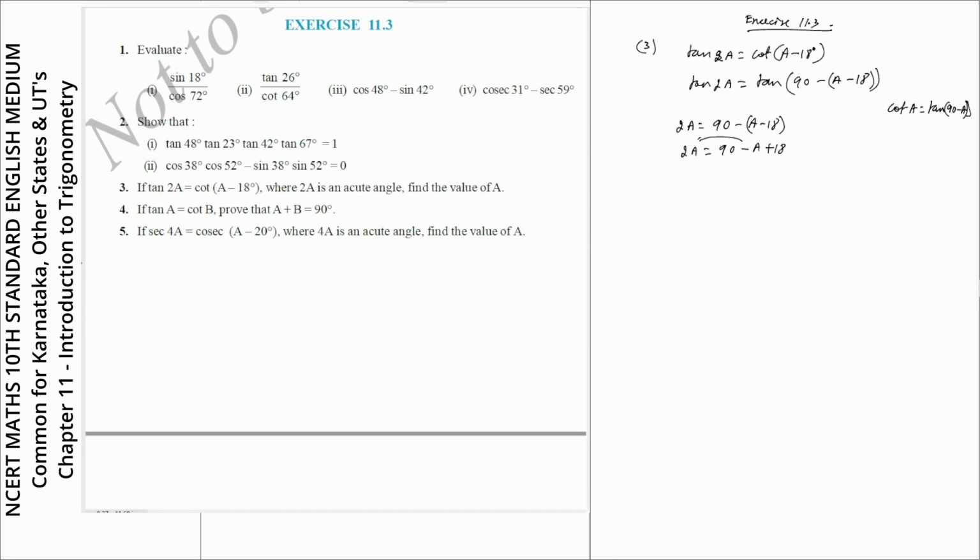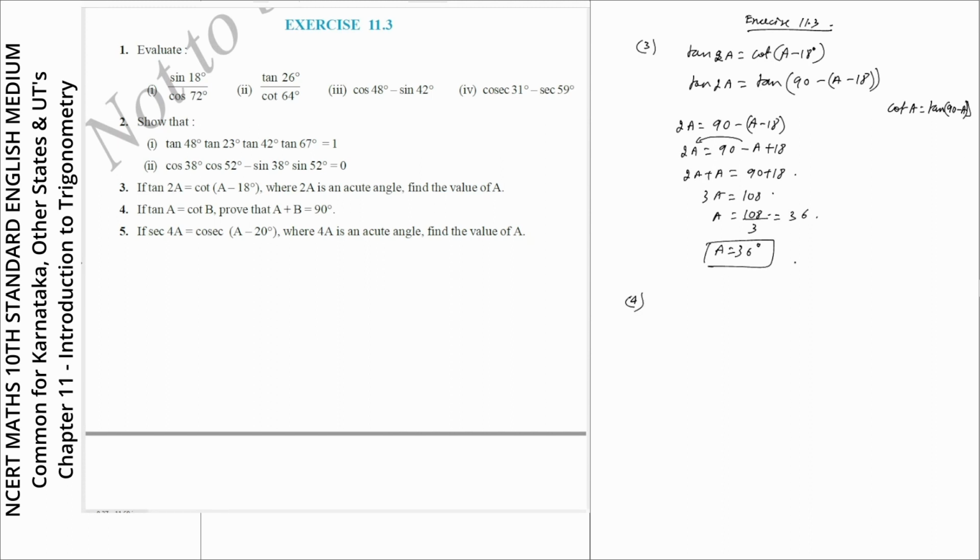Now I'll bring this a to the left hand side. 2a plus 1a is equal to 90 plus 18. So 3a is equal to 108. So a is equal to 108 by 3. 3 3s are 9, 3 6s are 18. So a is equal to 36 degree I'll get.